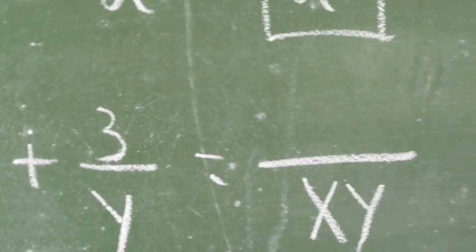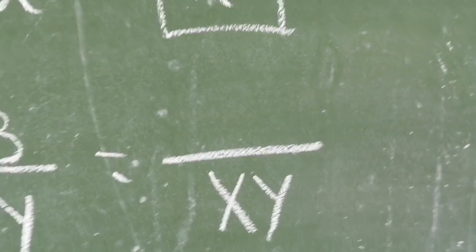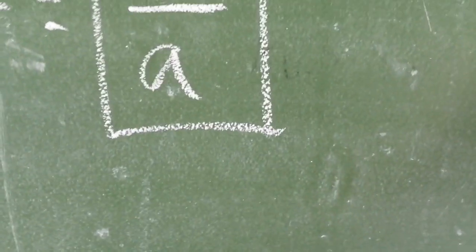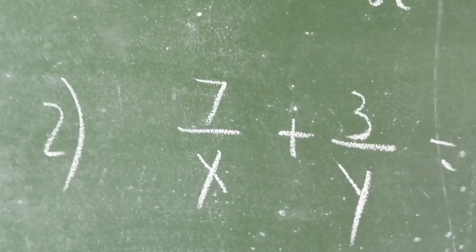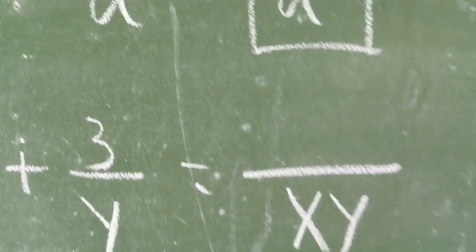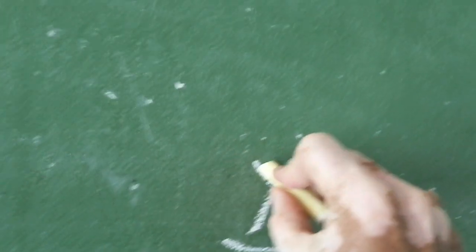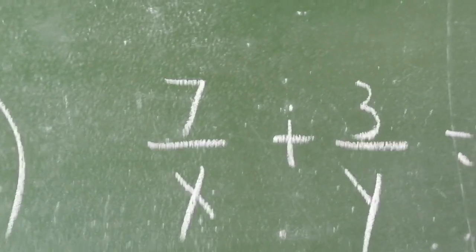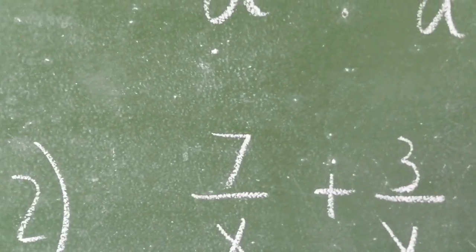What you are going to do is the denominator xy, and then you divide that by x. So what remains is y. So y, and you multiply that to the numerator 7.